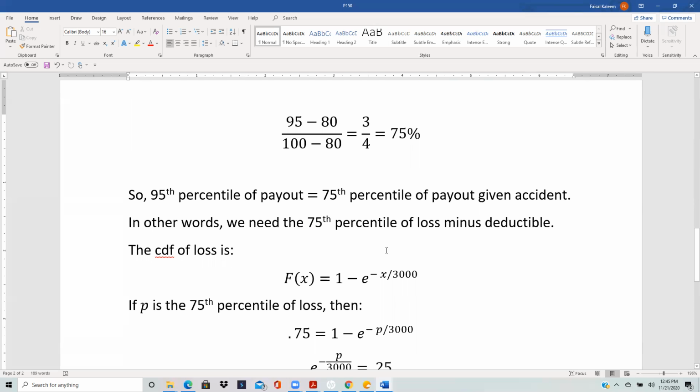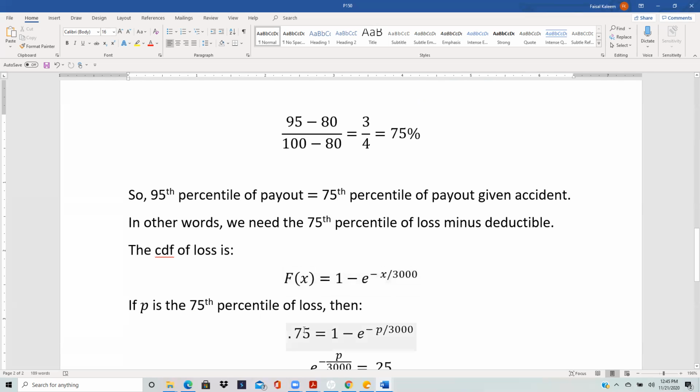So now first we calculate the 75th percentile of the loss, because the distribution of loss is given. We're given that it's exponential, so the CDF will be 1 minus e to the minus x over the mean. The mean was 3000. The 75th percentile is that x point where the accumulated probability below it is 75%.